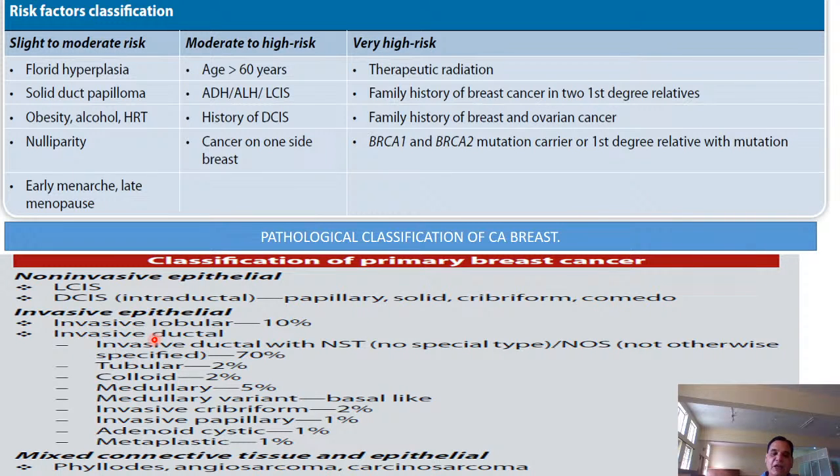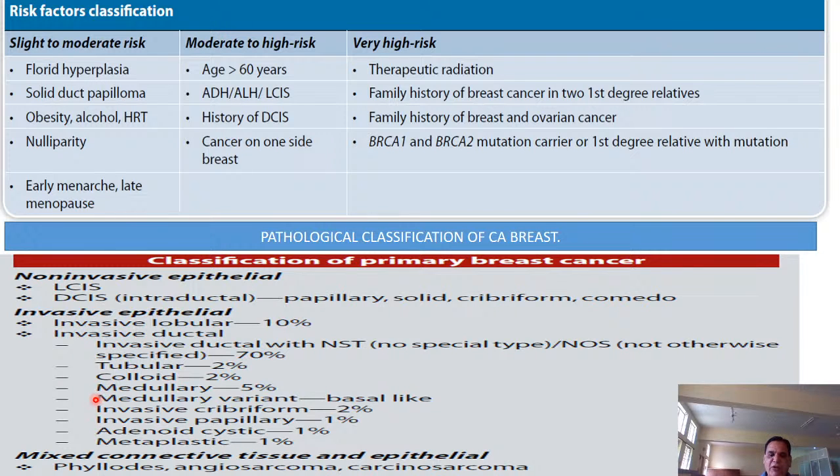Invasive are invasive lobular, not very malignant, 10%. Invasive ductal, they are the commonest and they go up to 70%. Remember only these two, invasive lobular and invasive ductal. 10%, 70%, this you can forget. But one thing you should not forget is the medullary variant, that is a basal type.